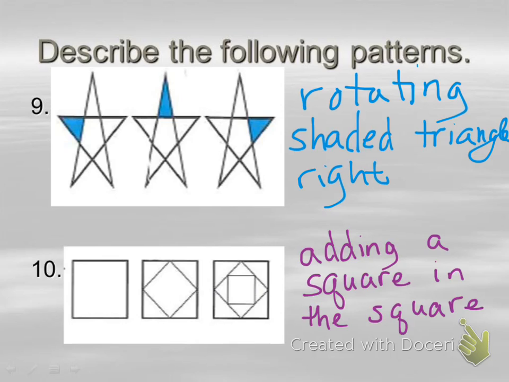So again, pay attention to the directions. If it says describe, it should look like this. If it said finish the pattern, you would have a star with a shaded piece, and you would have a square in a square in a square in another square. Questions on 9 and 10.